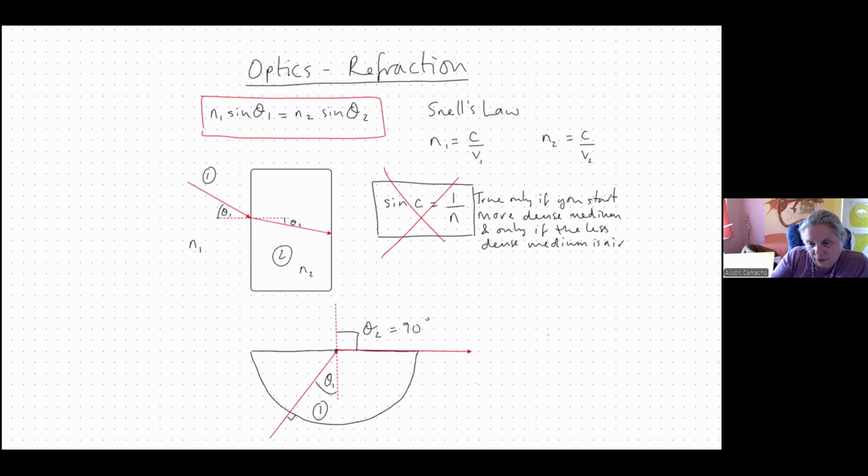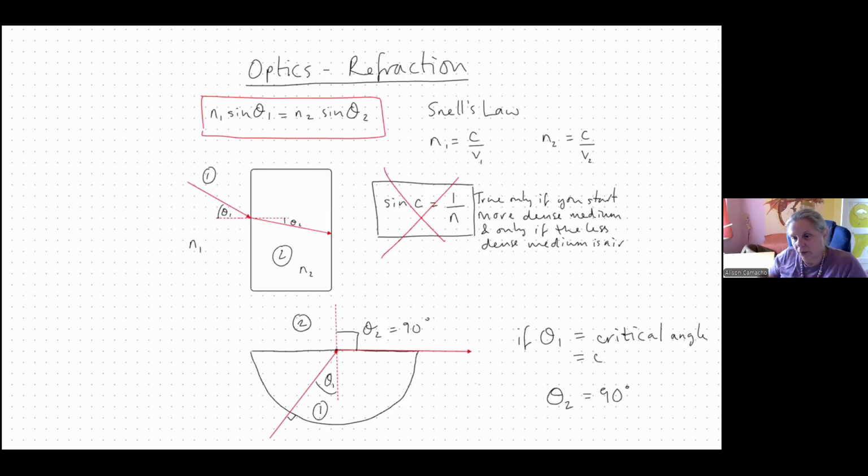If theta 1 is equal to the critical angle, which we can call C, then theta 2 is equal to 90 degrees. So material 1 is the more dense medium, and material 2 is the air, the less dense medium.